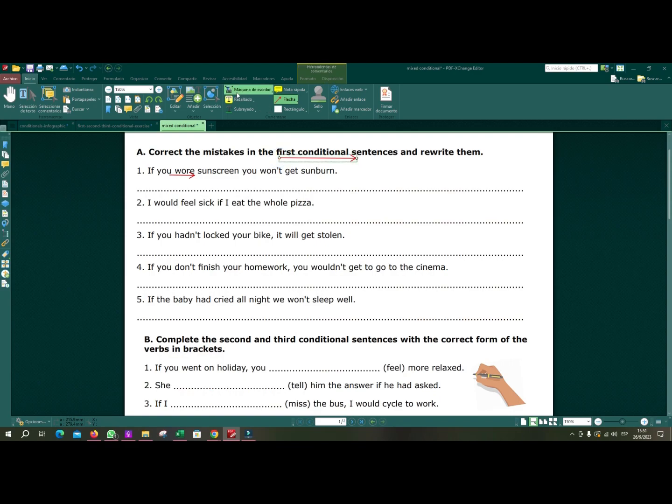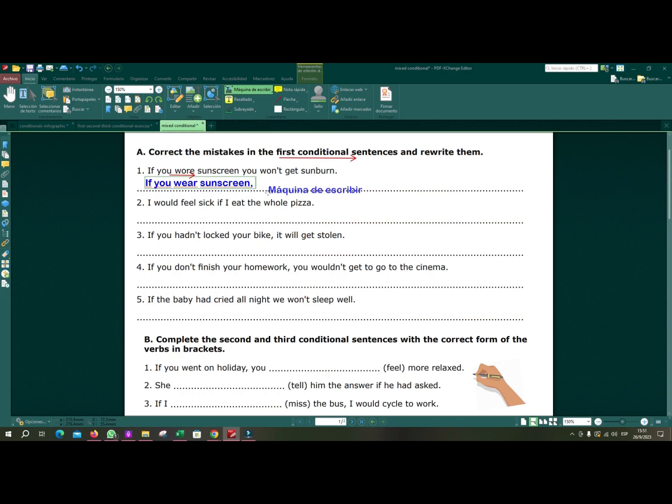So if the structure says that in the if clause you're going to have simple present, so that will be if you wear sunscreen. And don't forget the comma. Here you don't have the comma also, right?